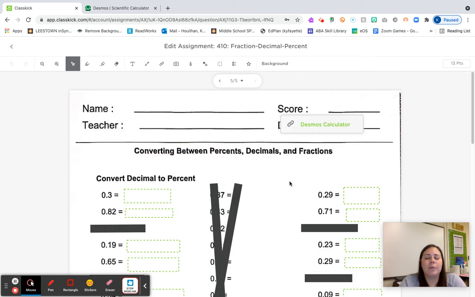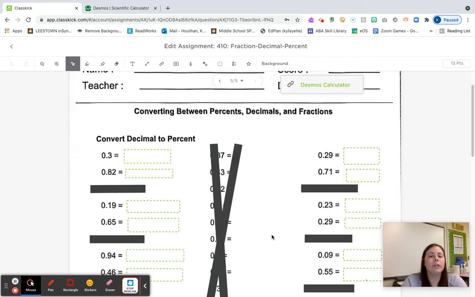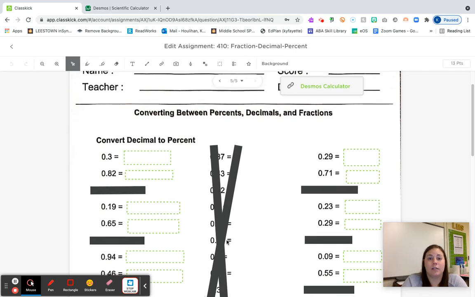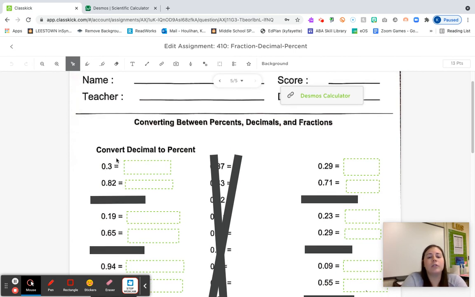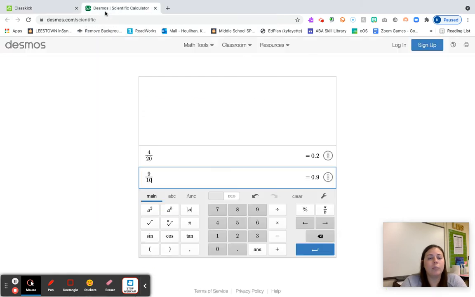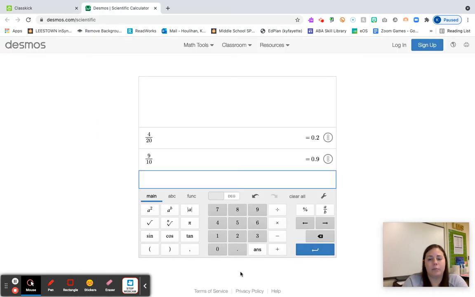All right, the last page that you are going to need to do this week is converting decimals to percents, okay? So they give you this first one, 0.3. So I'm going to type it in there, 0.3. And we know that when we're doing percents, the highest percent you can get is 100, right?